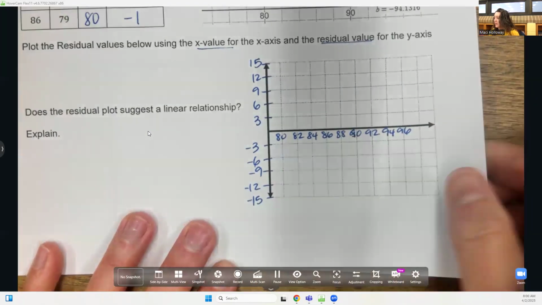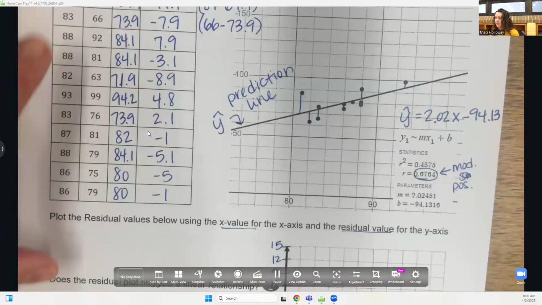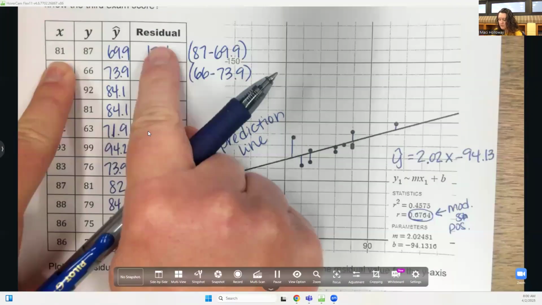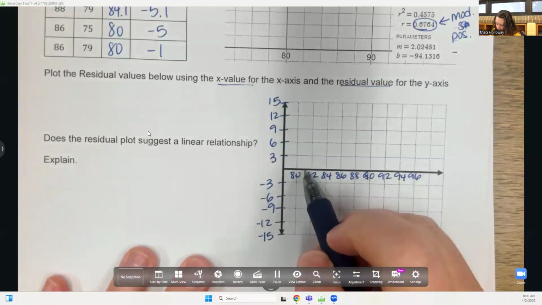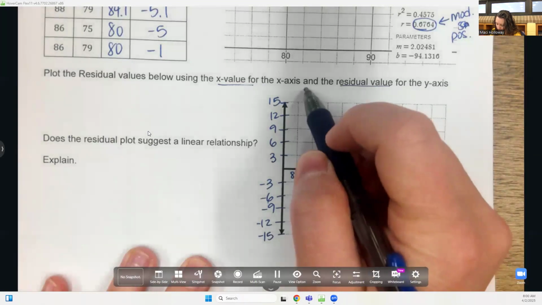All right, so I'm going to go up here and say, okay, our first point was 81 and my residual value was 17.1. So 81 and then 17.1 is way up here, right?